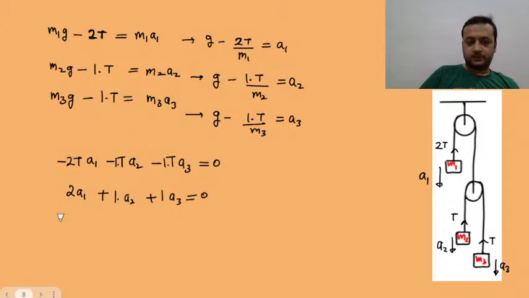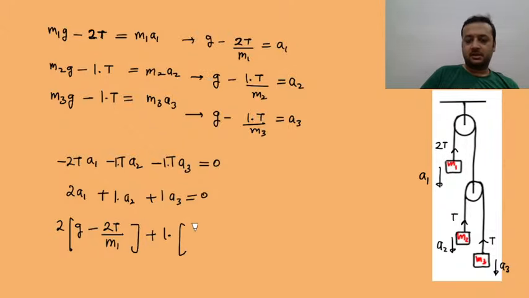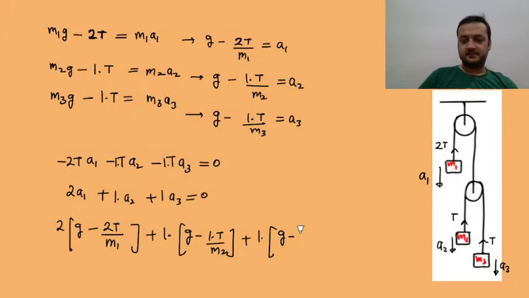If I put the value of a1 here, 2 was present already, times g minus 2T by m1, plus 1 into a2, which is g minus 1 into T by m2, and 1 into a3, which is g minus 1 into T by m3, equals 0.